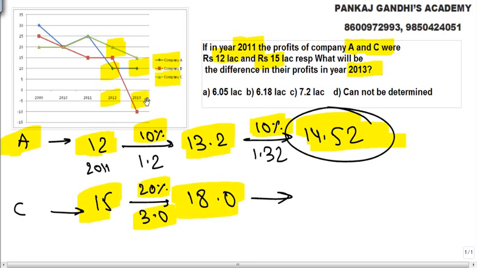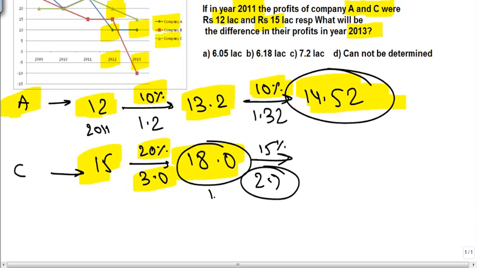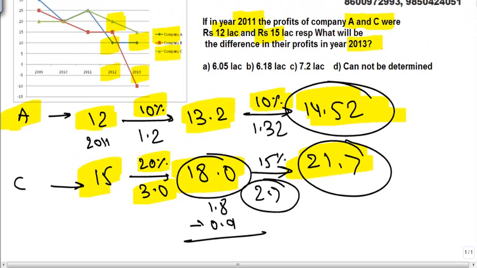Now 2012 to 13, profit of C increased by 15%. Of this, what we get is, kids, I don't need to teach you 10% plus 5%. This will become 21.7.